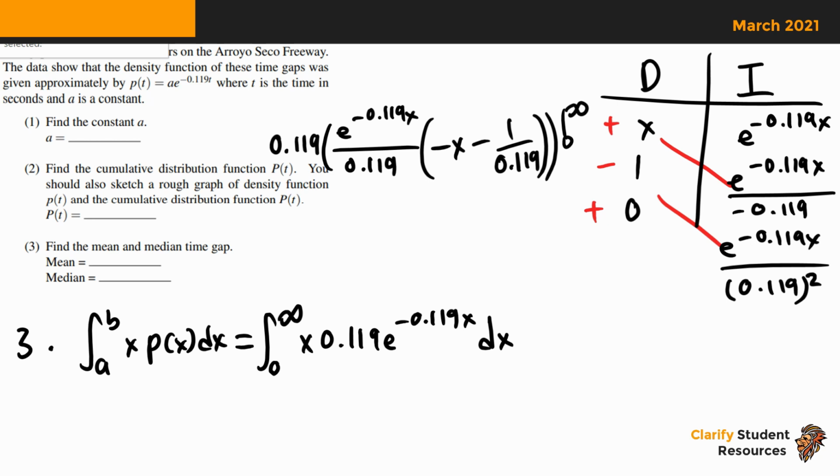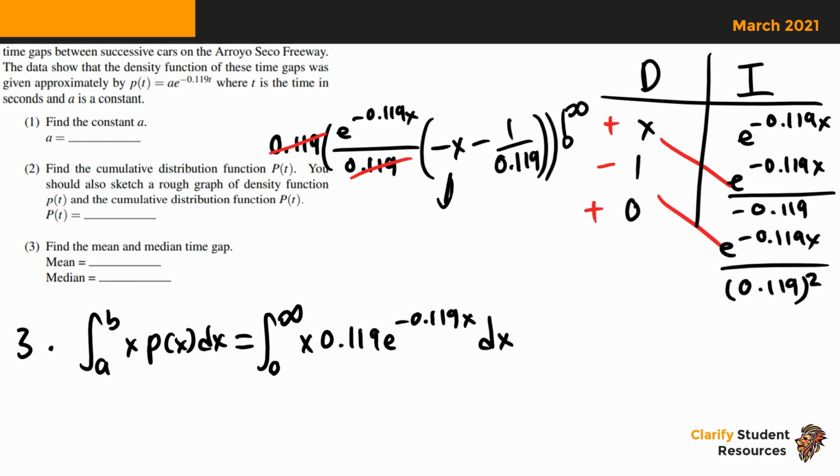Right, okay. So what we're going to see is that, well, first of all, these 0.119s cancel. And we're basically going to have an e to the negative something term. And when you plug in e to the negative something, even if you have it multiplied by a linear infinity, the e is going to win, right? Because e is stronger than x. So this basically means that this term is going to go to 0.